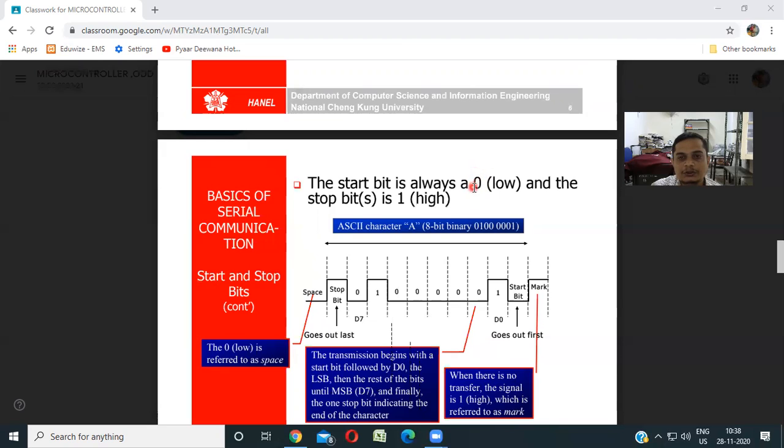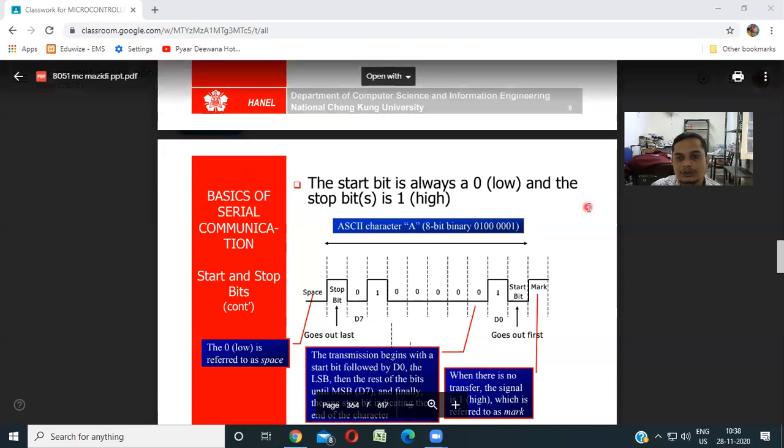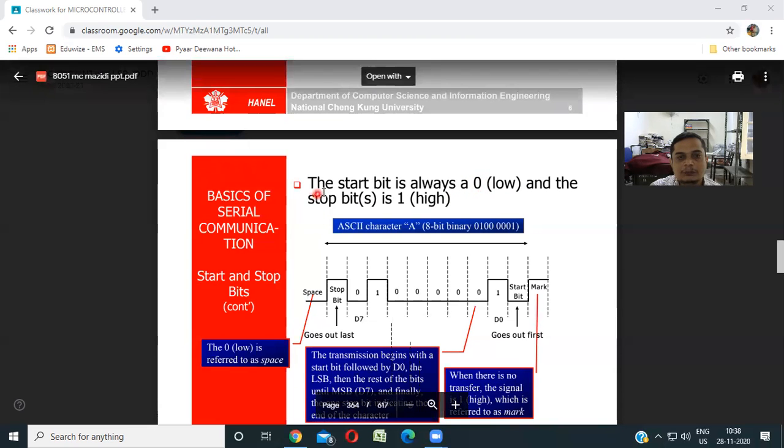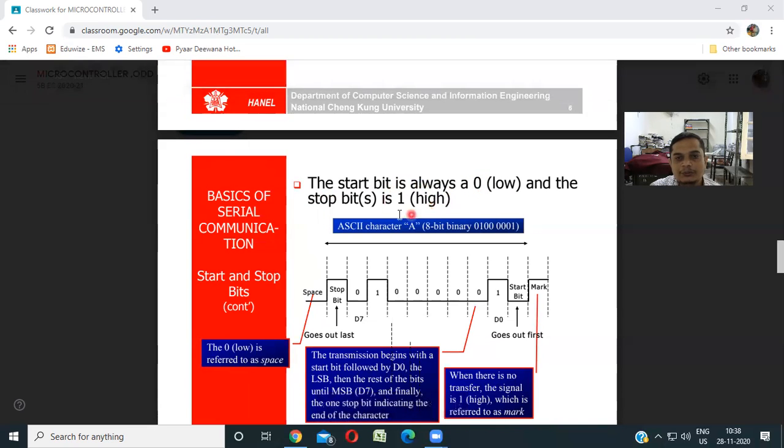When the 0 is received at the receiver side, the receiver identifies that some bits are arriving and it has to start decoding. So the start bit is always 0 and the stop bit is always 1, logic high. The stop bit may be 1 or 2, as I have already told.